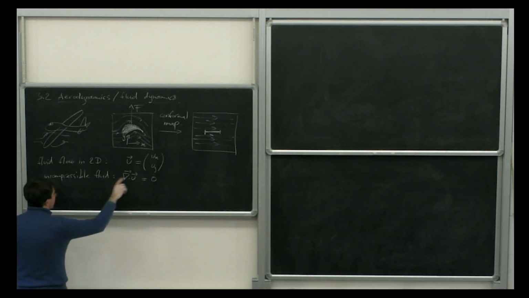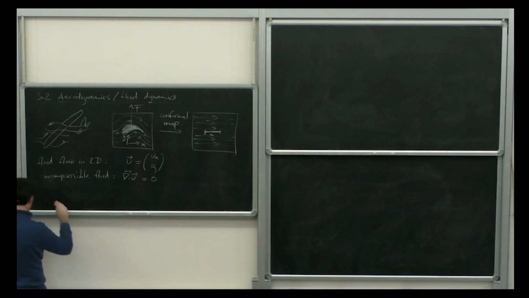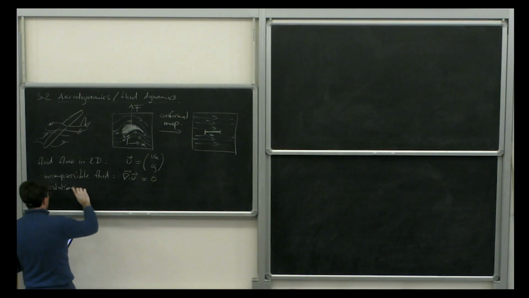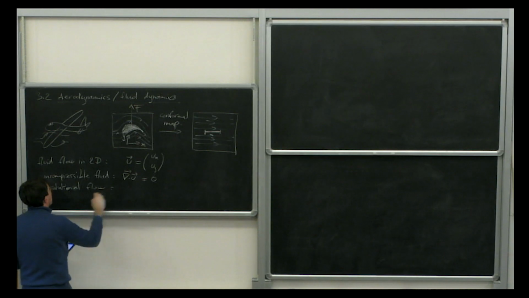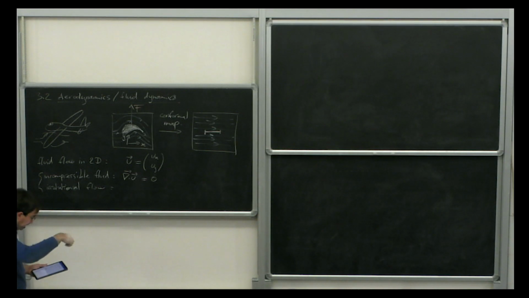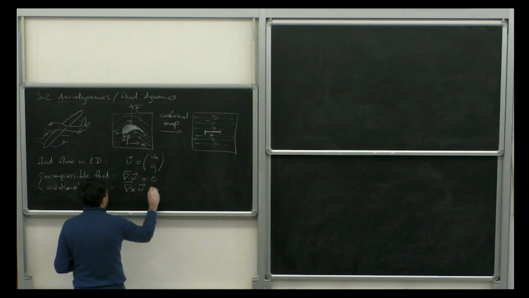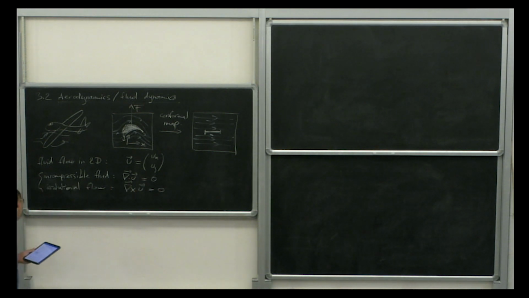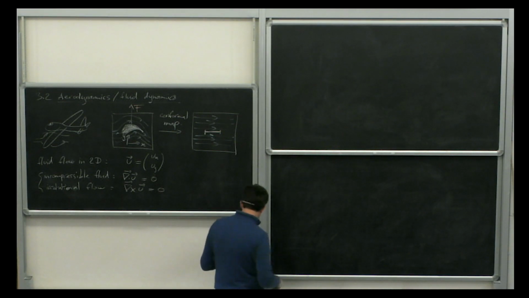So if the fluid is incompressible, the divergence of the velocity field is 0, and if the flow is irrotational, so there are no vortices, then this trick of doing a conformal map applies.